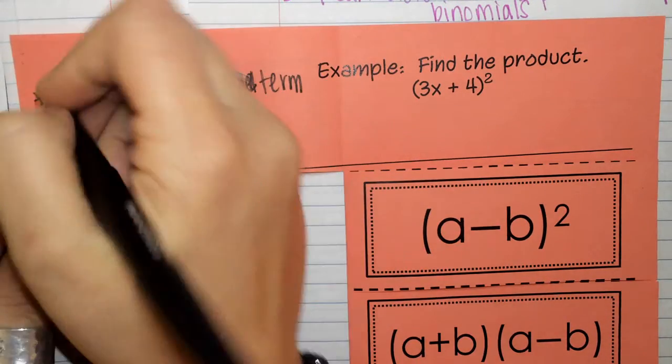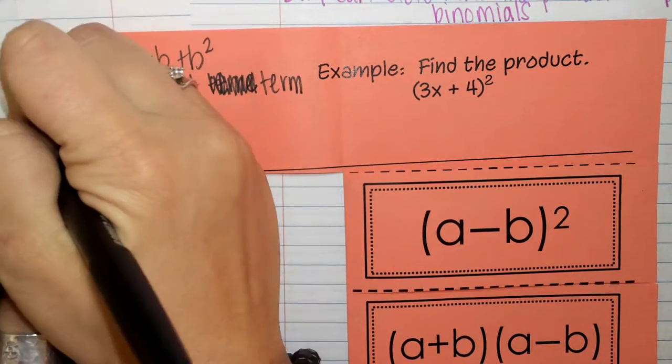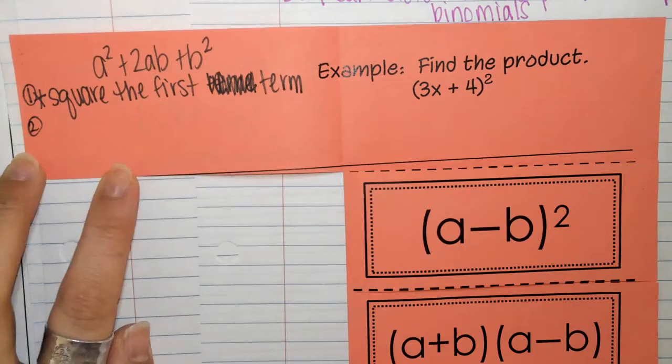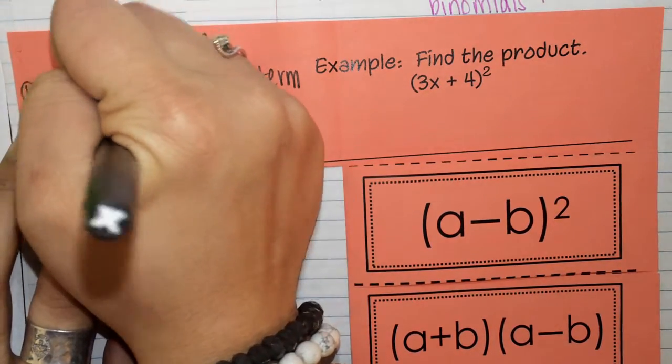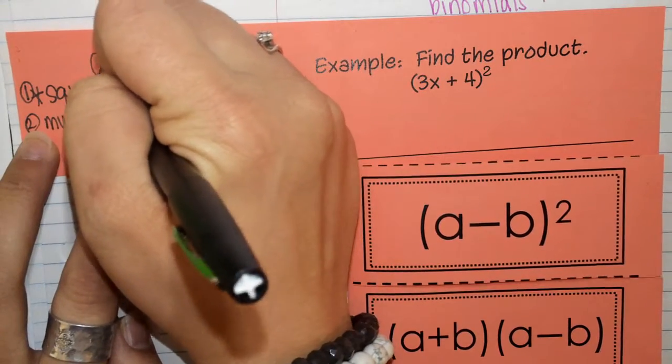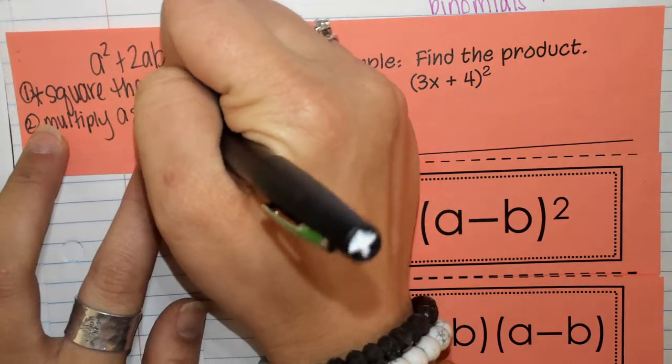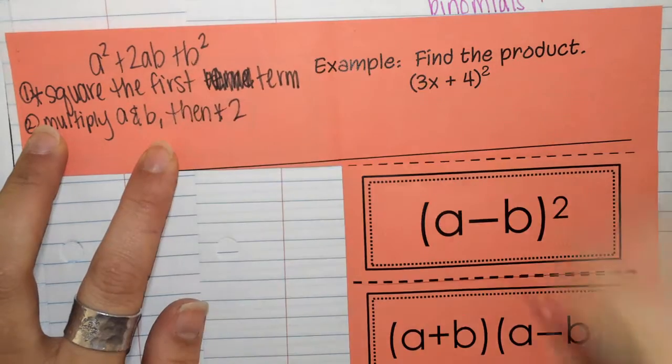Alright, so that's step 1. Step 2 is to multiply A and B, then times it by 2.